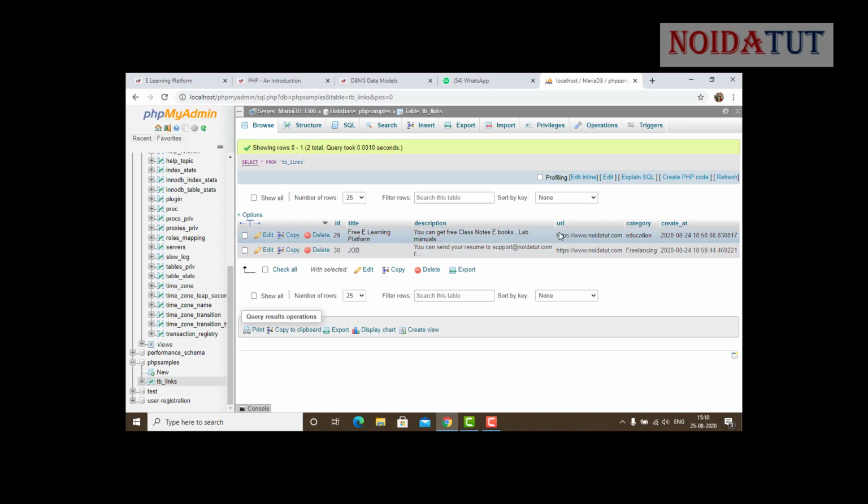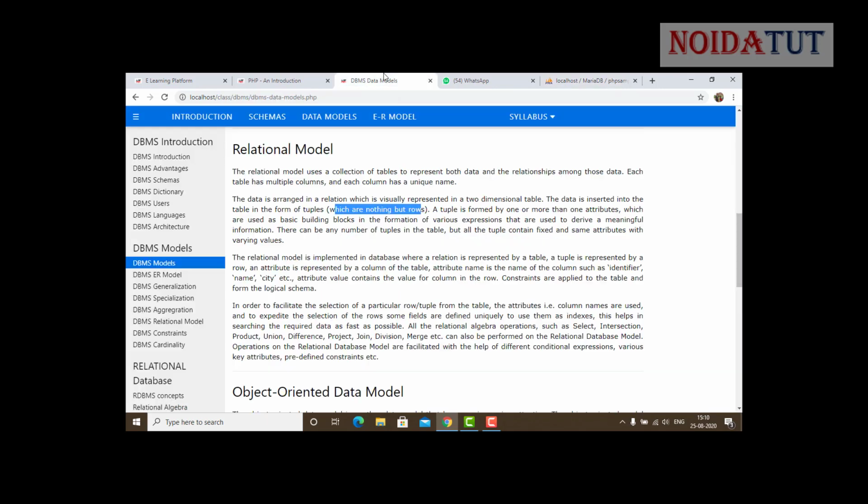That means a complete row, whose ID is 29, free e-learning platform, is considered a single tuple. A tuple is formed by one or more attributes. Attributes refer to the properties, which are used as basic building blocks in various expressions that are used to derive meaningful information.